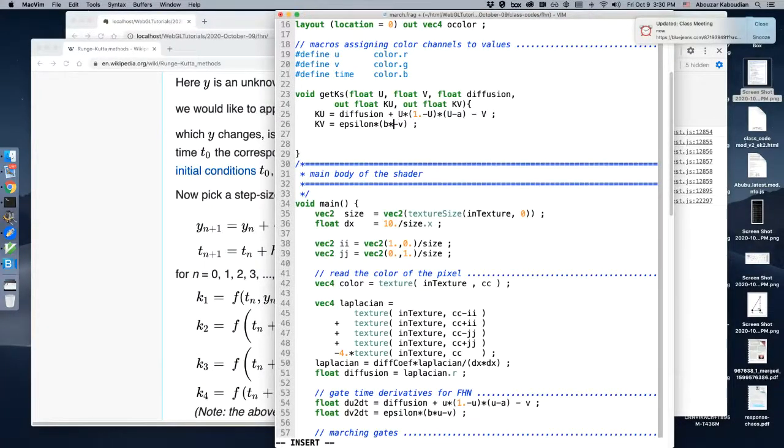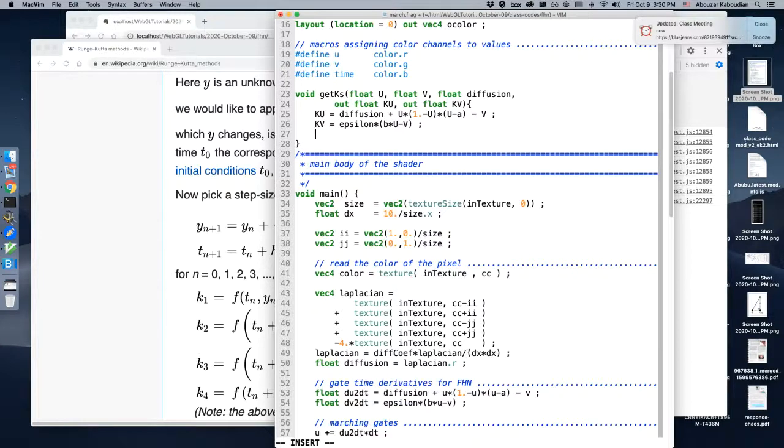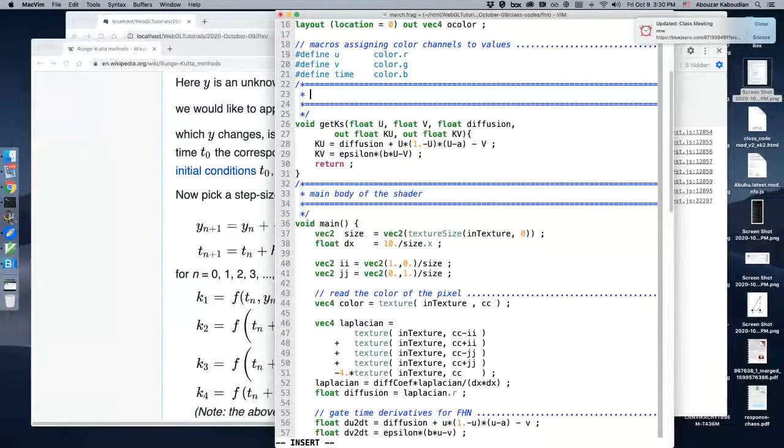And again, I replace u and v by their dummy variables that are passed to this function so that I can update them, and then I can return from this function. The return for a void function is not compulsory, but you can place it there. So this will be the function to calculate RK coefficients.